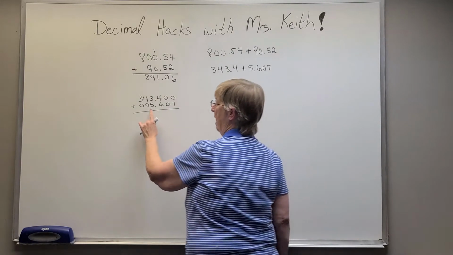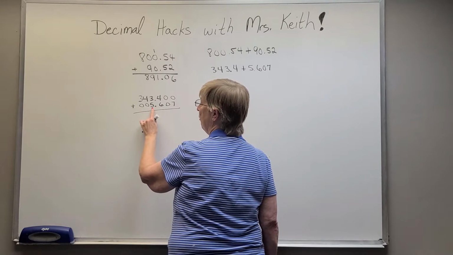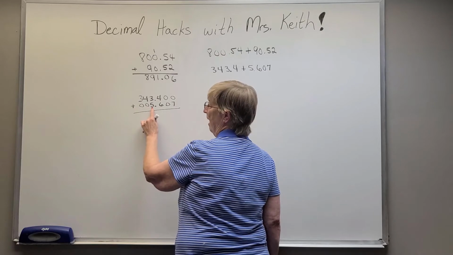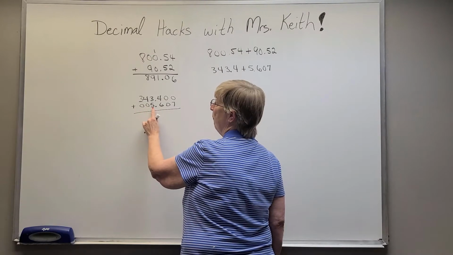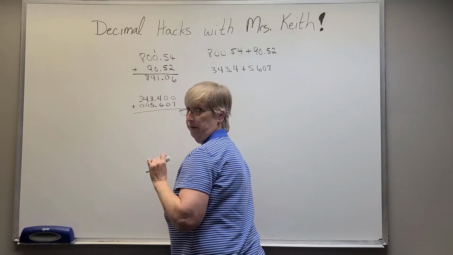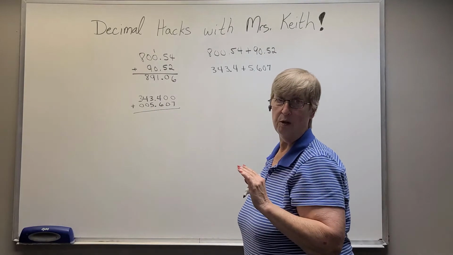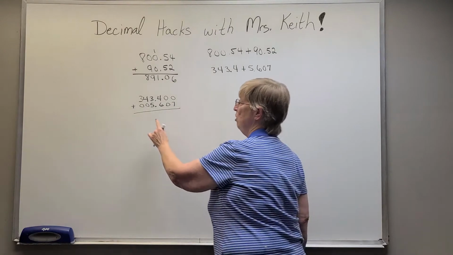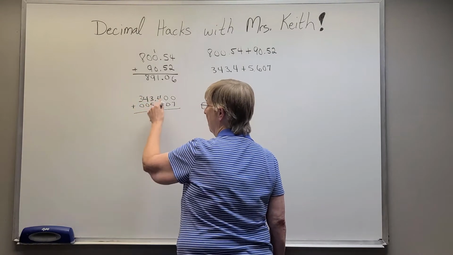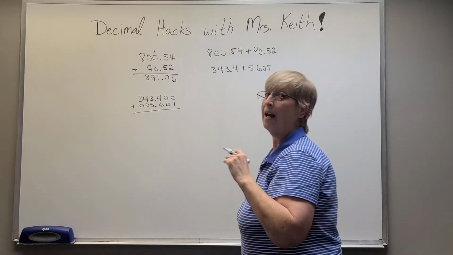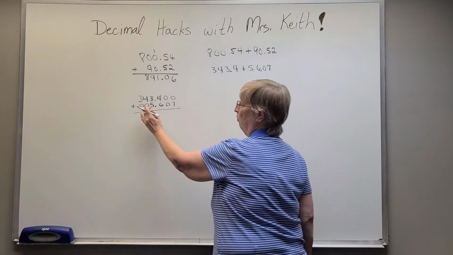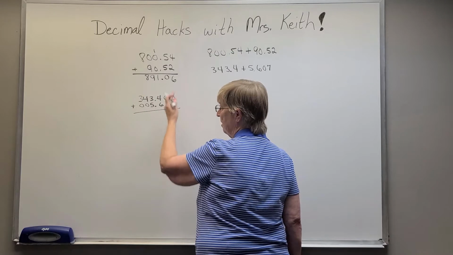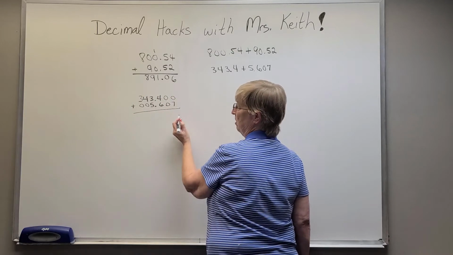You can also add them to the left of the decimal in front of whatever the first digit is that you have. And again, 005 is the same thing as 5. So you're not changing the value by doing that, but it gives you numbers that line up so that it makes it easier to add. Later, it also helps to subtract.